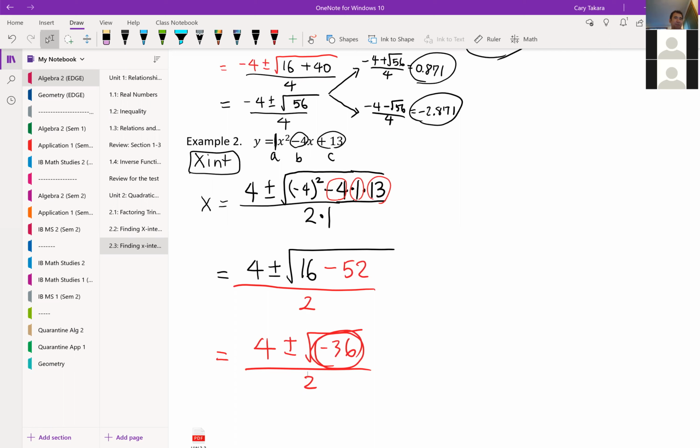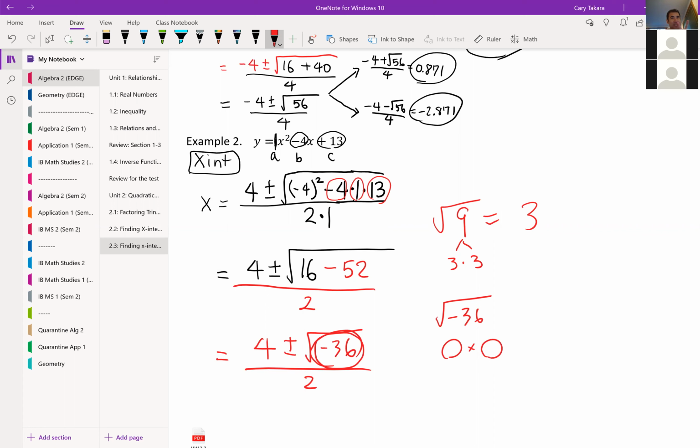I mean, think about this. The square root of, let's say, 9 is 3, isn't it? Because 3 times 3 is 9. So the square root of 9 is 3. But the square root of negative 36, what times what?